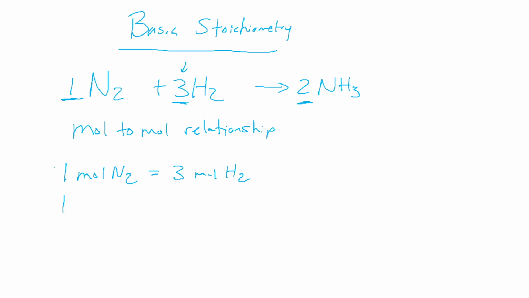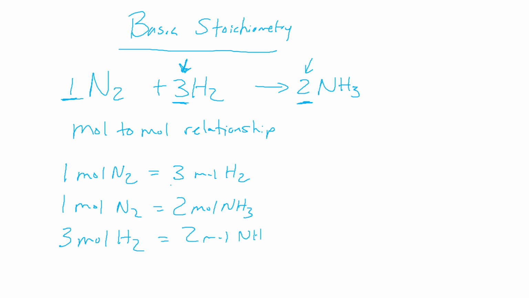We could also say for every 1 mole of N2 we put in there, we get out 2 moles of NH3. We could also say for every 3 moles of H2 we put in there, we get out 2 moles of NH3.